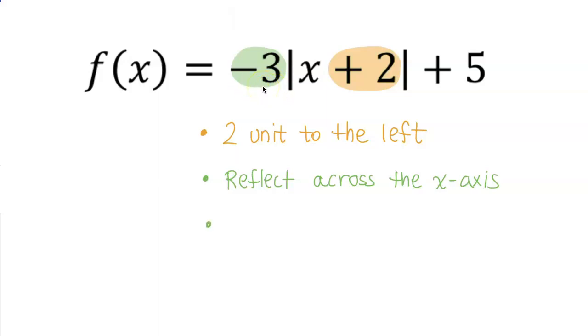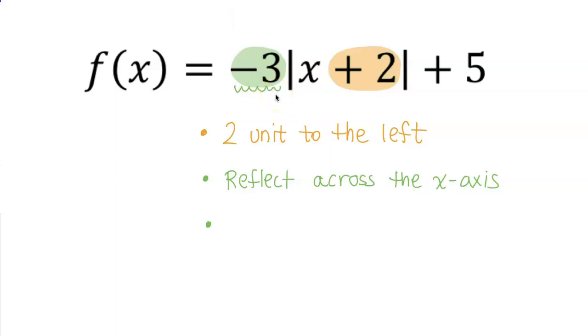I will also mention, and we will show this in the graph, that for this absolute value function I will go down 3 over 1 to the right. That's not really the transformation, but that's how I will be using this -3 to graph the function.